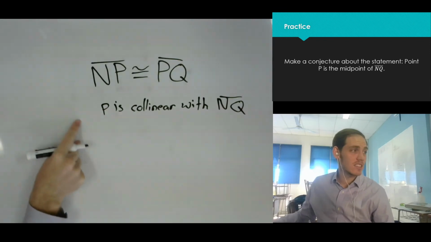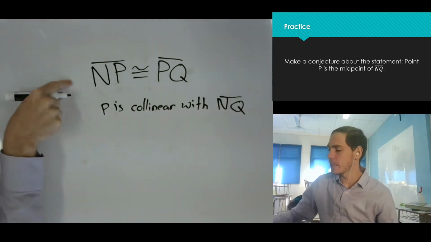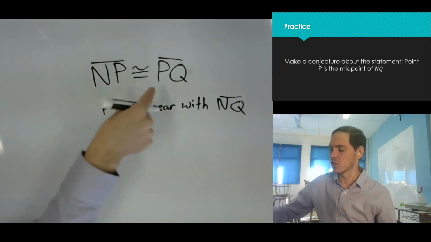So this is our conjecture: P is collinear with NQ such that line NP is congruent to PQ.